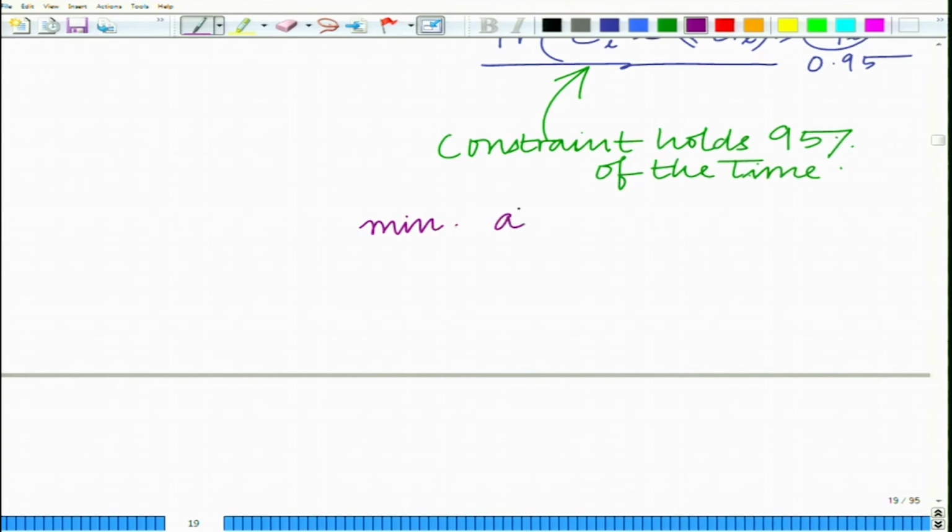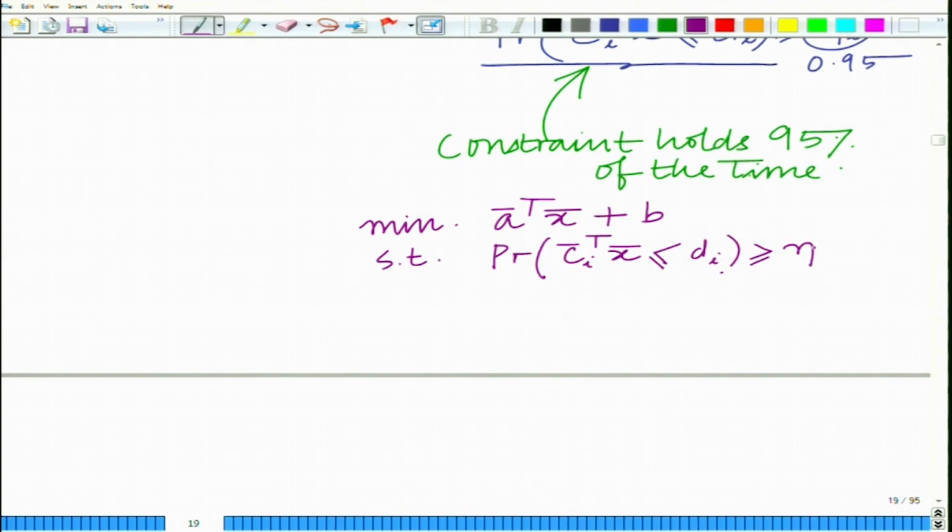I can write this as: minimize A bar transpose x bar plus b, subject to the constraint that the probability that C bar I transpose x bar is less than or equal to di is greater than or equal to eta I, for I equals 1 up to L.